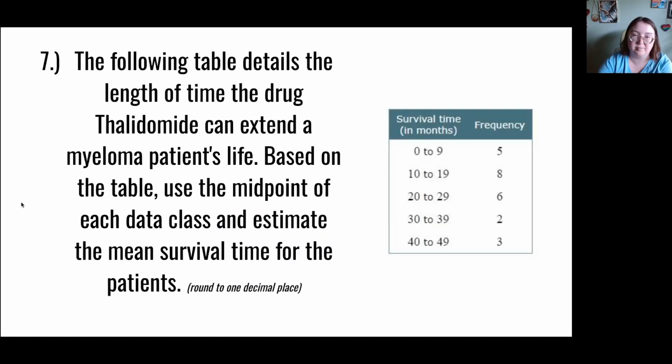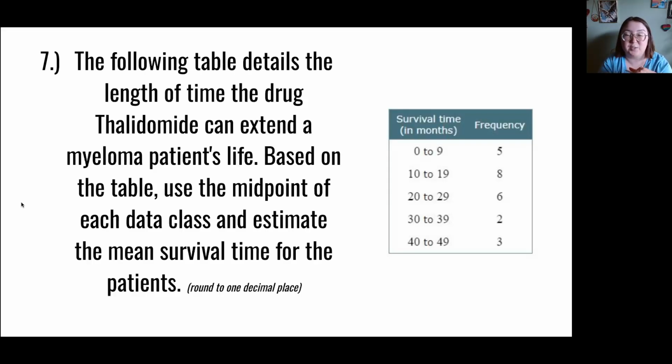Oops, skipped it. Okay. So for number 7, the following table details the length of time the drug thalidomide, not great at pronouncing that one, can extend a myeloma patient's life. Based on the table, use the midpoint of each data class and estimate the mean survival time for the patients.